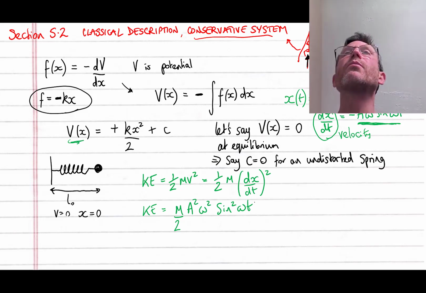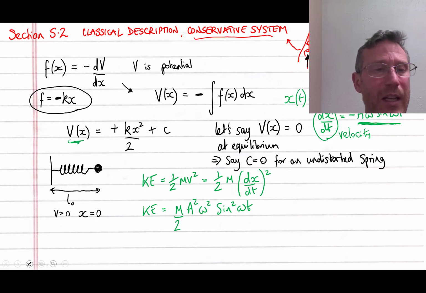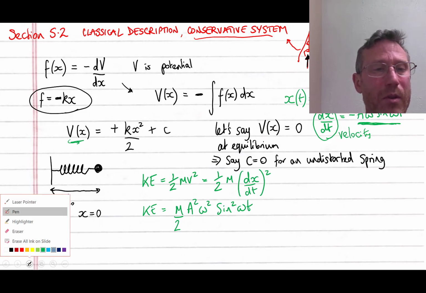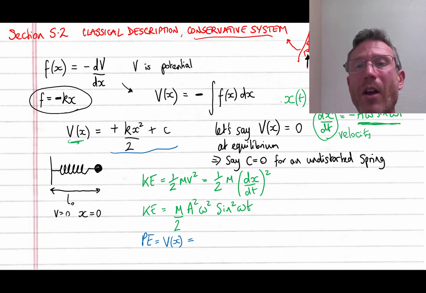So what we can also do, let's change colors again here. Let's go to blue. Because we've got our kinetic energy, we can now think about that potential energy, the V term that we care about, V of x, and that we found was equal to kx squared over 2, but we know what x is.